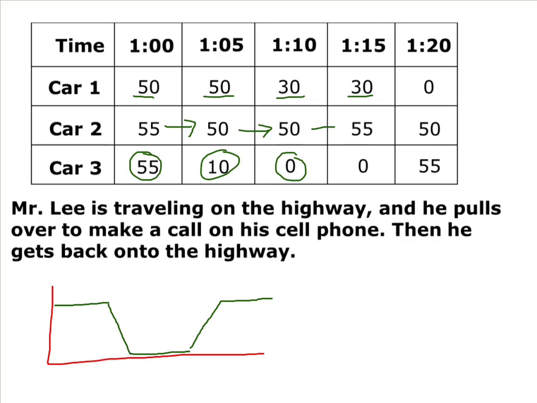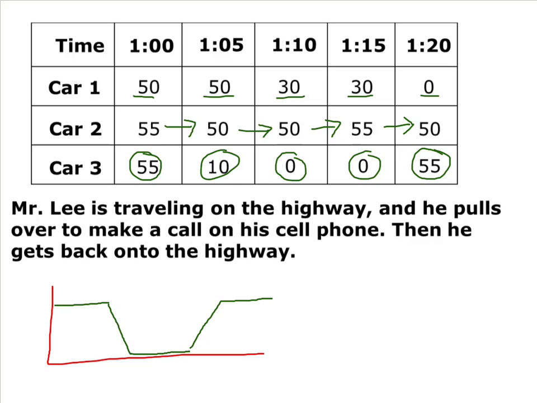Car 2 actually speeds up, and car 3 stays parked at 0 miles per hour. Then, at 120, let's see, car 1 slows down and stops. Car 2 slows back down to 50 miles an hour, so I'm not even really sure what's going on there. It's like, I guess he can't work the gas pedal. And car 3 speeds back up to 55.